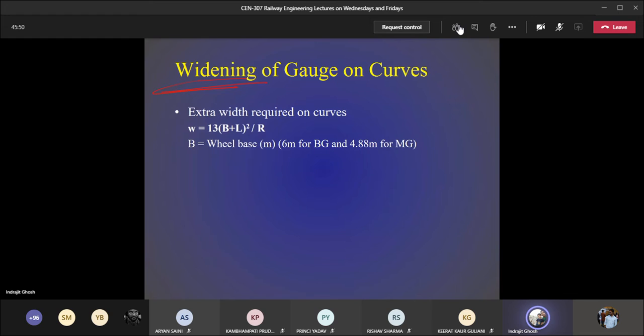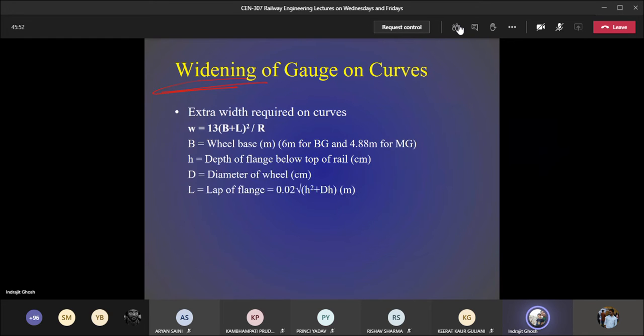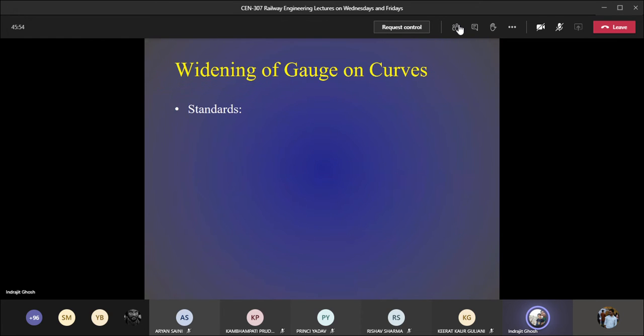Okay, so extra width. There is one formula. Let us look at the formula later. First, look at this particular chart. What is the amount of widening? For BG, when the curvature radius is more than 350, you see it is only 5 millimeter to 3 millimeter. So you can understand how much that is. 3 millimeter and 5 millimeter is for more than 350 meter radius.